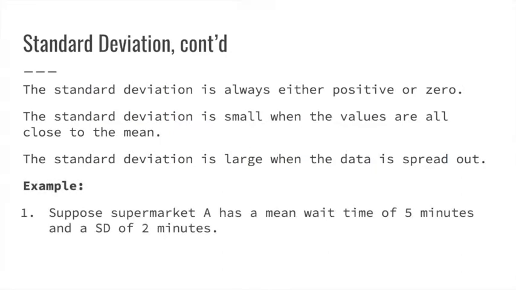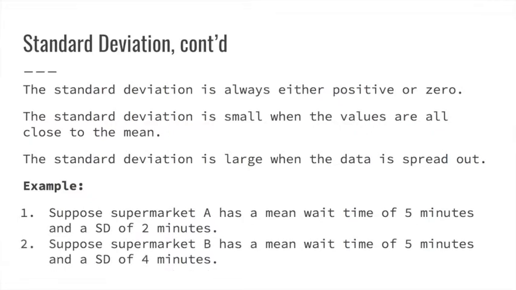So for example, if you have supermarket A that has a mean wait time at the checkout counter of 5 minutes and a standard deviation of 2 minutes, versus supermarket B that has the same mean wait time but a larger standard deviation, what that means is you can expect a pretty consistent experience at supermarket A because their standard deviation is low. You're going to wait about 5 minutes. It's going to be pretty consistent.